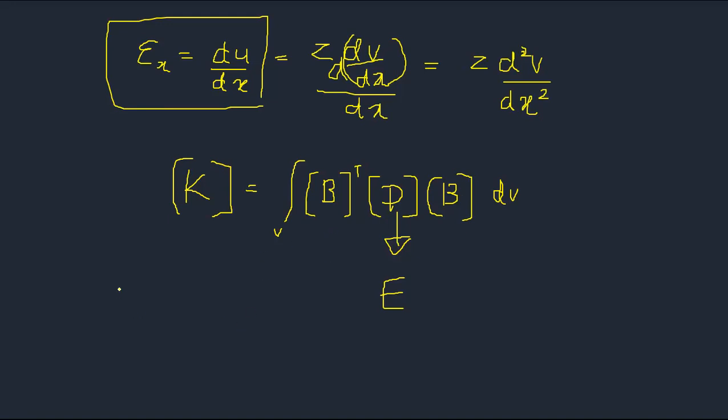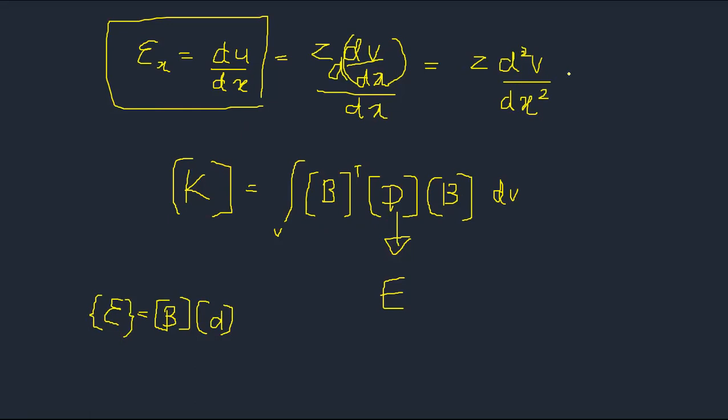So you know that epsilon is B into D. We defined this in the first video, right? That means how the displacement relates with this strain, right?